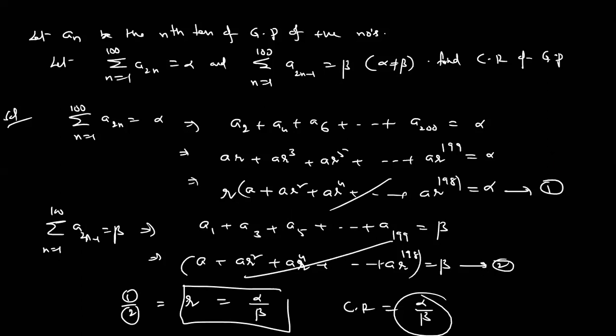So sometimes they give A and B as the nth terms of an AP and ask what is the common difference of the AP. So like that you can create questions like this. A and B are the nth terms of an AP, then find the common difference of the AP.